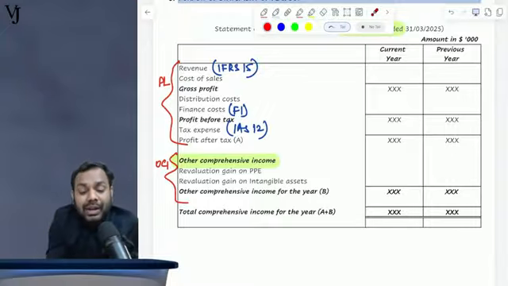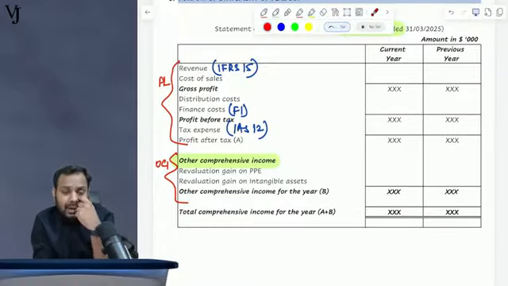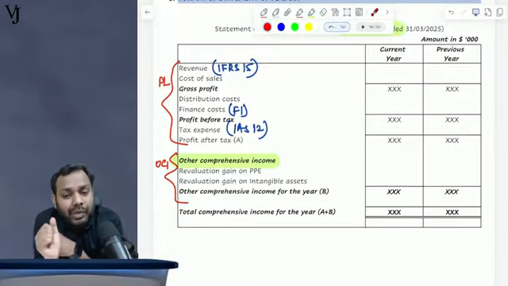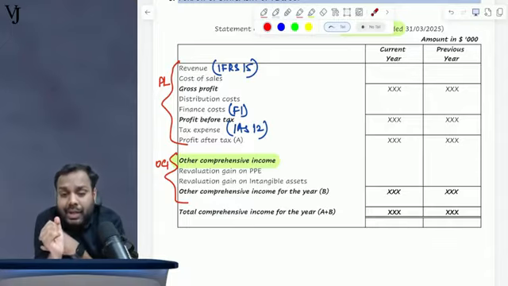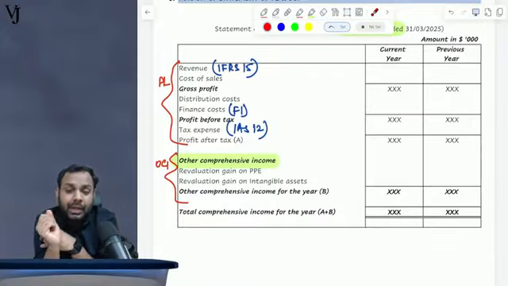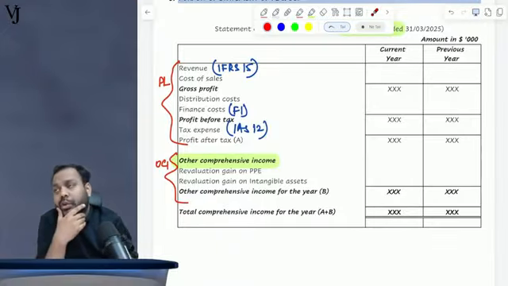There is a specific list of items which goes to other comprehensive income. To give an example, it is revaluation gain on property, plant and equipment. It is revaluation gain on investment property.